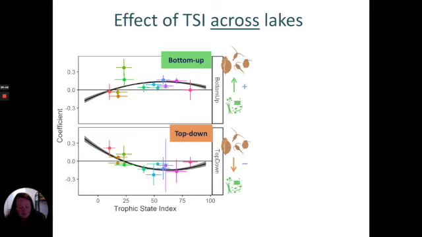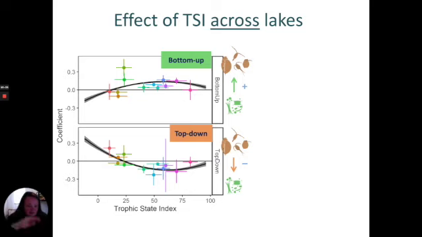In terms of what those relationships look like, here's the interaction strengths plotted against trophic state index. To reduce the clutter, these are just the means and standard deviations for each lake rather than individual time points.